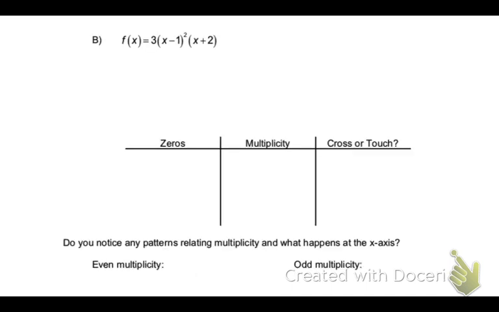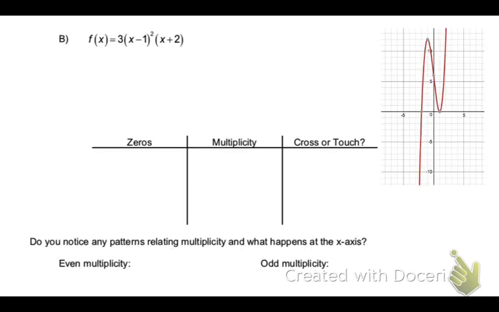Okay, let's do another one. So we're going to ignore that 3 on the outside. There's no x with it, so we can just ignore it. There's our graph. Then we're going to set x minus 1 equal to 0 and x plus 2 equal to 0. So x minus 1, that equals x equals 1. x plus 2, x equals negative 2. So we have 1, 0, and negative 2, 0.